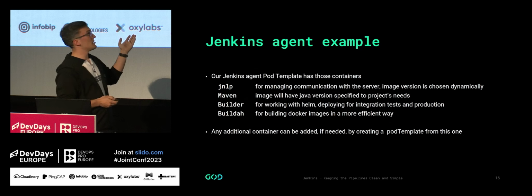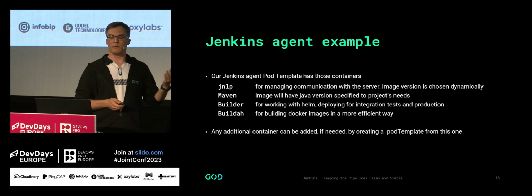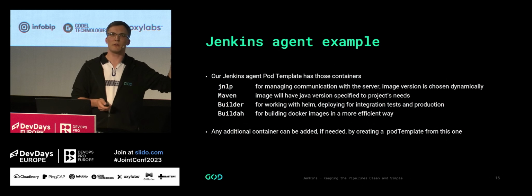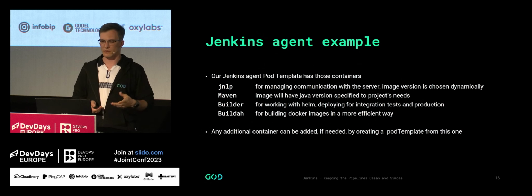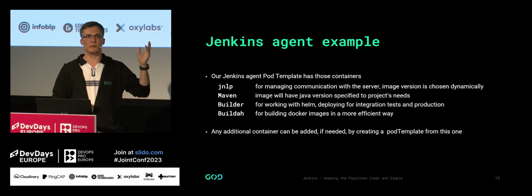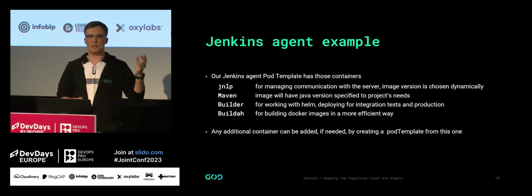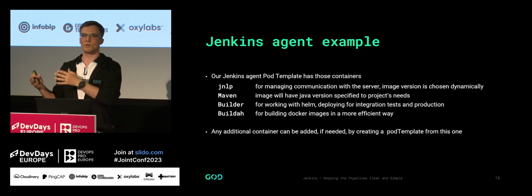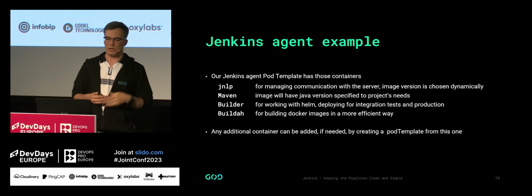And this is just a simple example of such a pod template. This is the basic example we have in our company. So we have the JNLP container. This is the container that is responsible for communication between the pod and the Jenkins server.